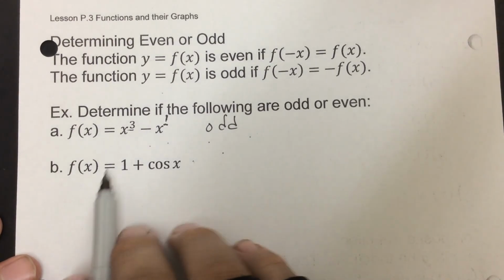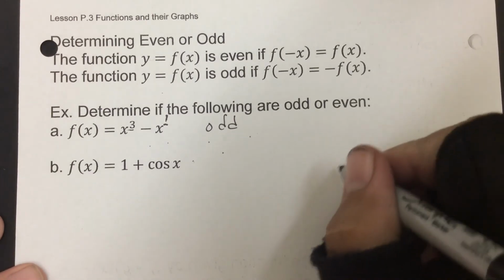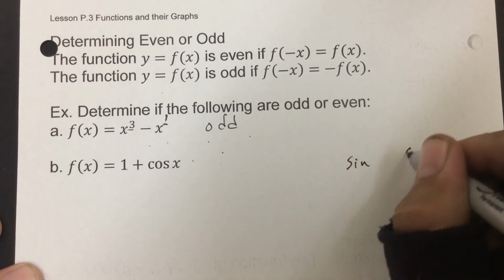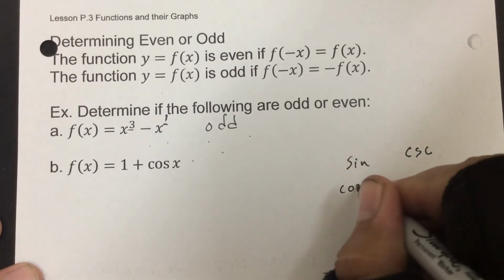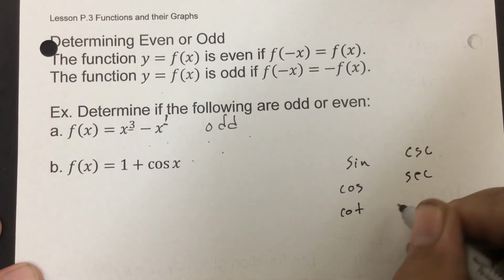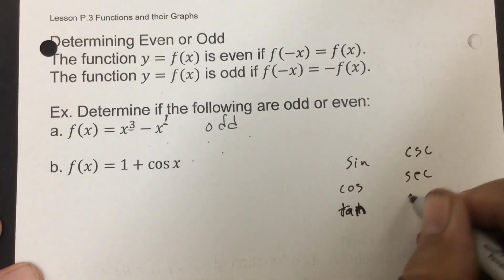Now, where it's different is with cosine. So sine matches up with cosecant. Cosine matches up with secant, and tan matches up with cotangent.